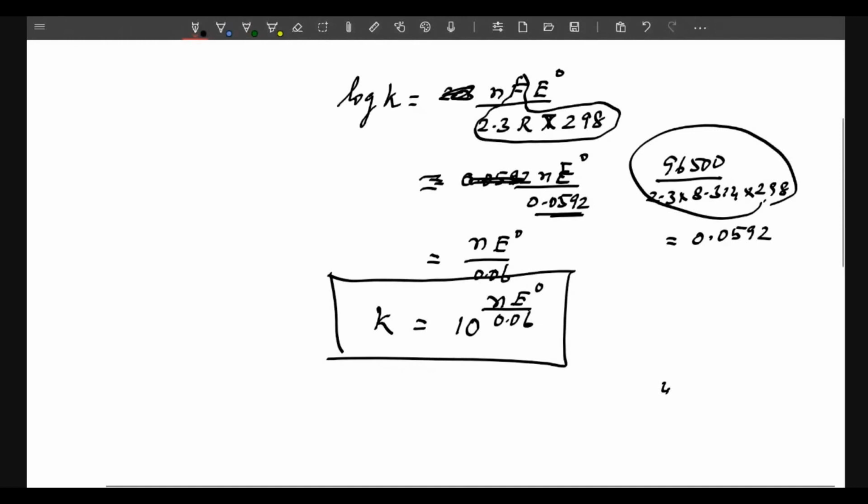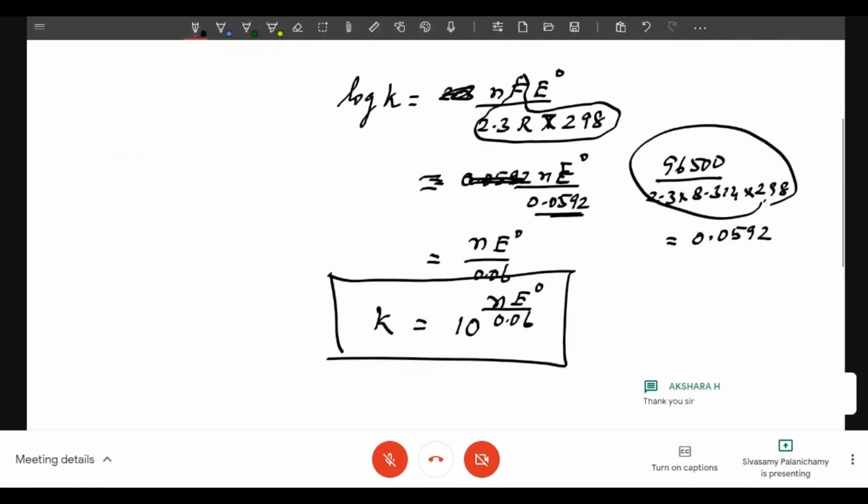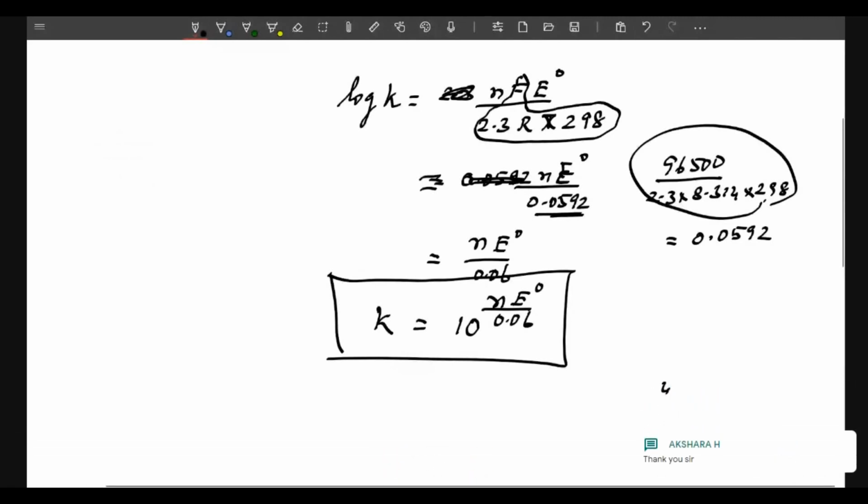In the next session, I will work out some problems on this, and with that, we will finish the Nernst equation. Then we go for the concentration cell and liquid junction potential. Okay, thank you, dear participants, and have a nice day.